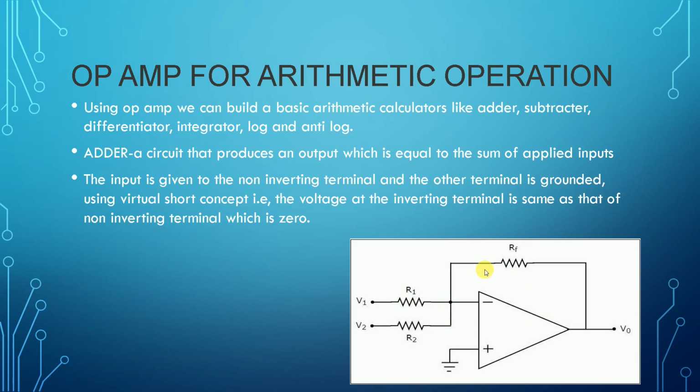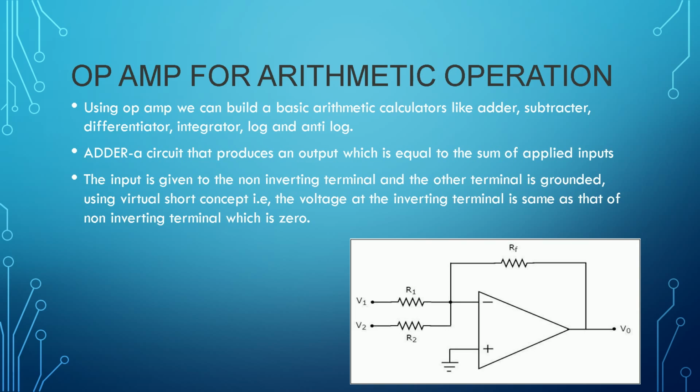So take a look at this circuit. There are two voltages given to the negative terminal. At this output V out, the value of V out will be the addition of both V1 and V2.